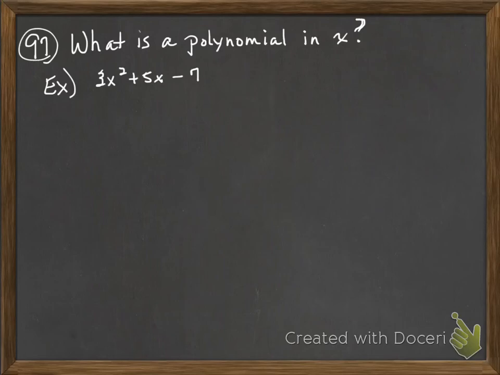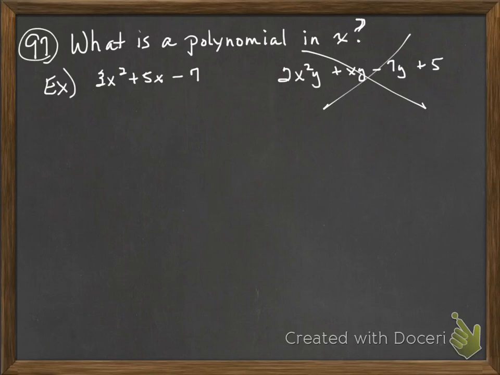So a polynomial in x would not have any other variables in it other than just x. To show you a polynomial that would not be in x, you would have something like 2x squared y plus xy minus 7y plus 5. So this would not be a polynomial in x because it has another variable in it other than x, the y.